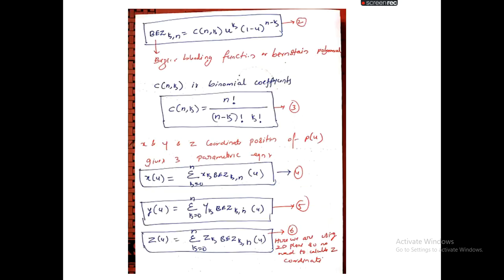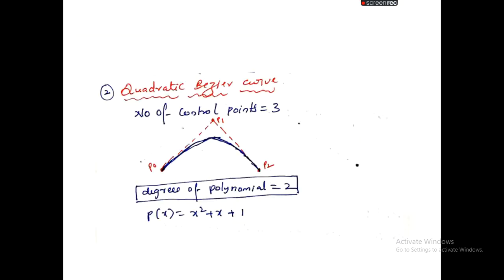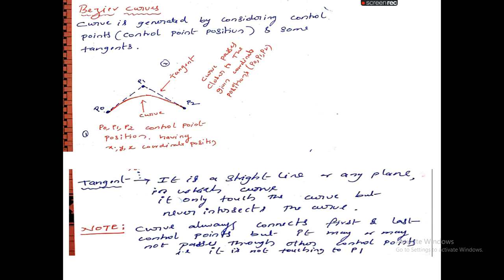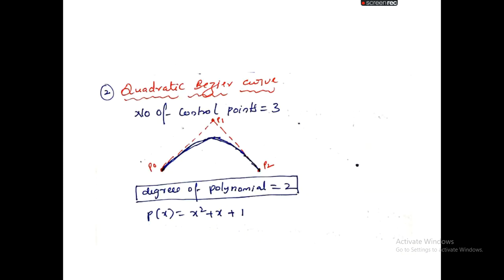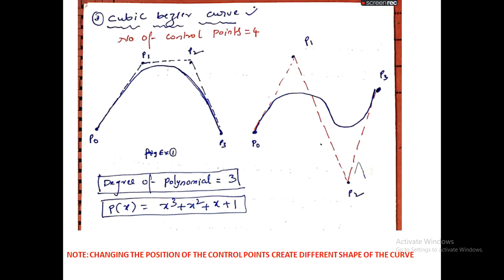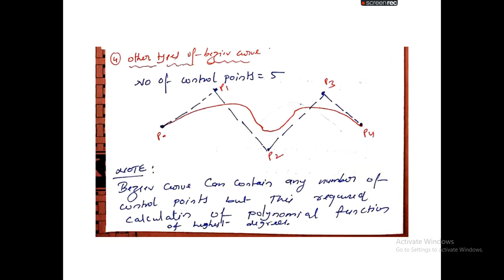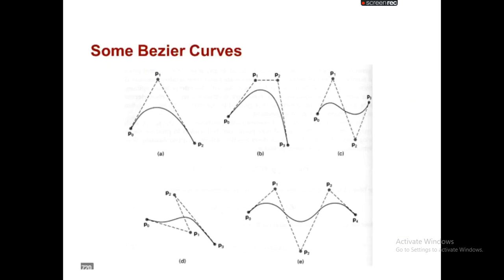To represent a Bezier curve, we need two components: control points and tangents. With these two components, we can create a curve. Next, we displayed different types of Bezier curves, like the simple curve, quadratic Bezier curve, cubic Bezier curve, and other types.